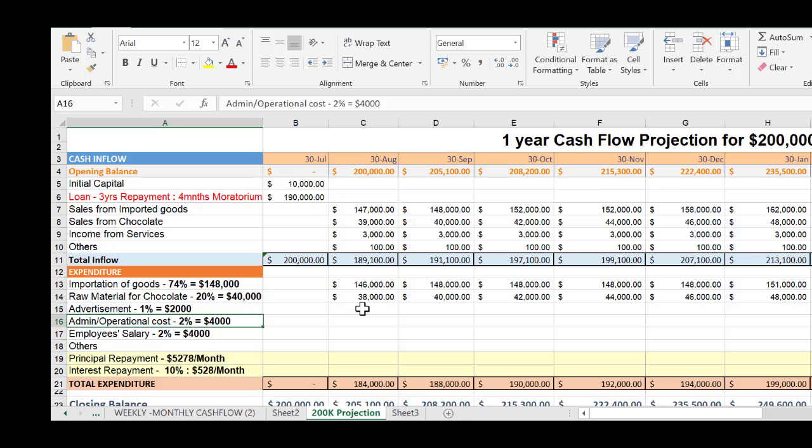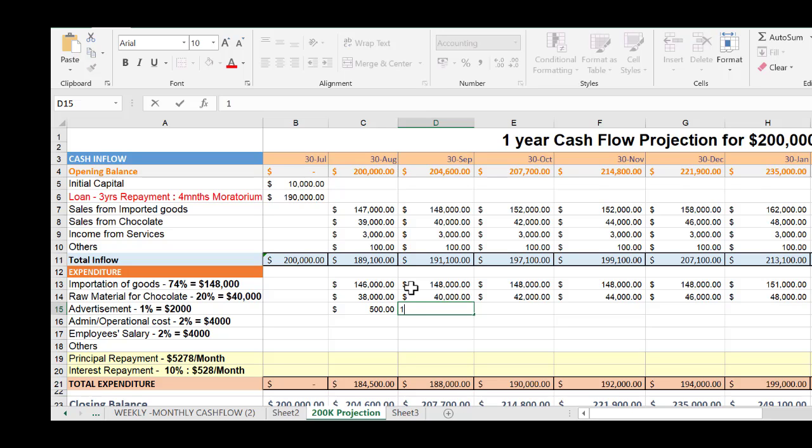Advertisement. Probably in my first month I did my website for $500, then the rest of the months my advertisement on ads and websites and other stuff like that.